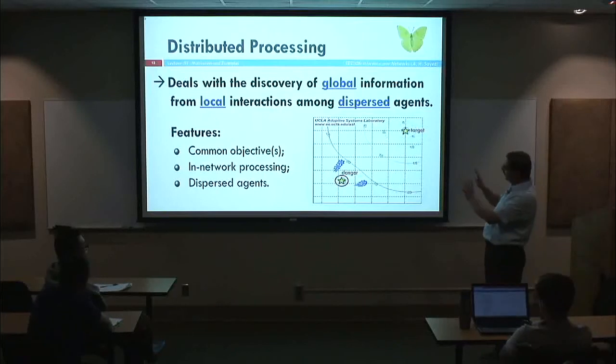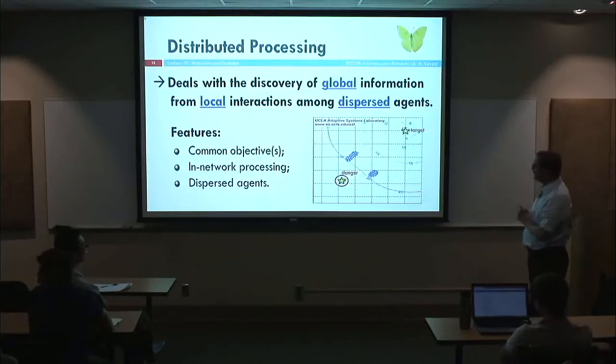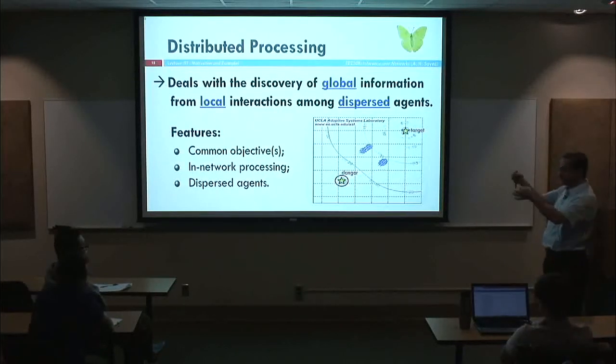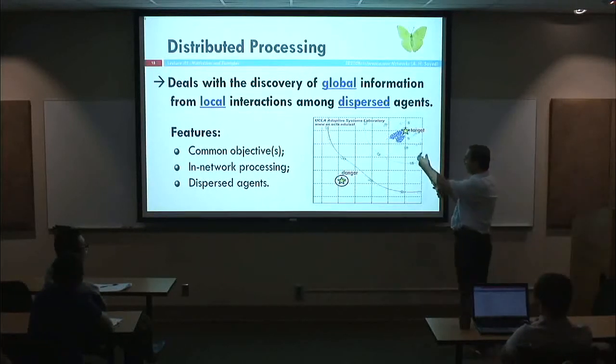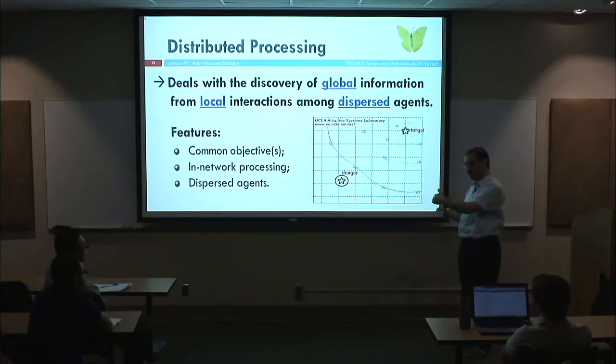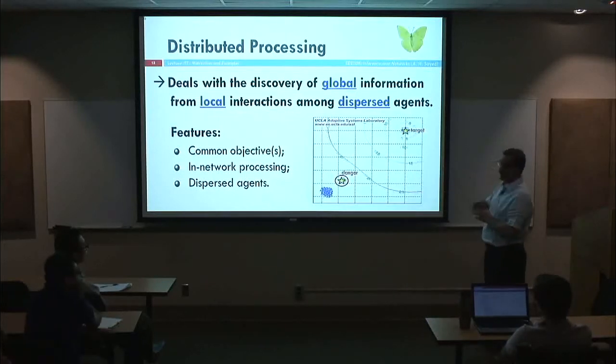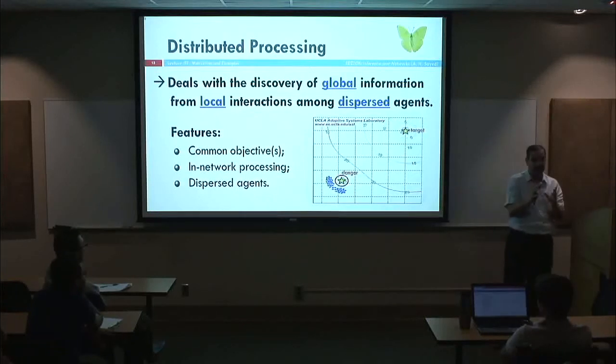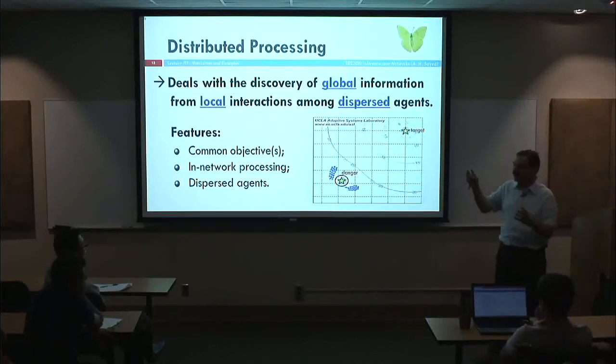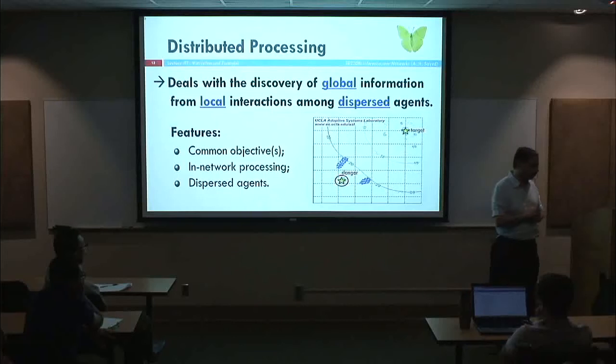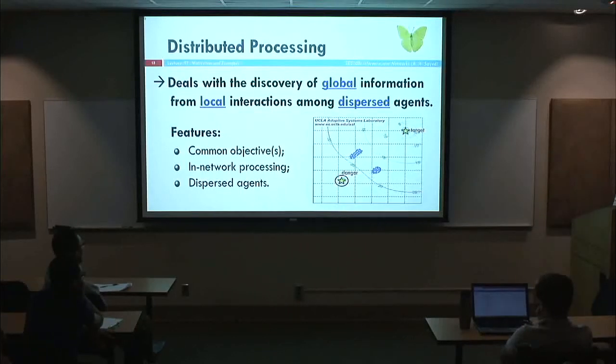But for now, we'll focus mostly on the case when the agents have some common objective, and the processing is being done in network. These agents are not sending the information to some remote sensor to tell them in what direction to move, right? And they are dispersed, as you can see there. So these properties will repeat themselves whenever we study distributed solutions of this type, okay?